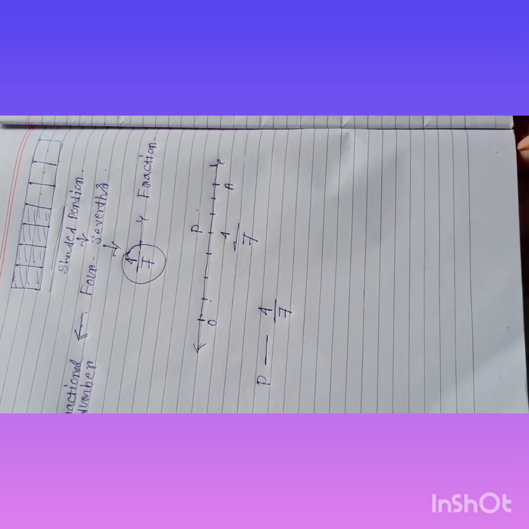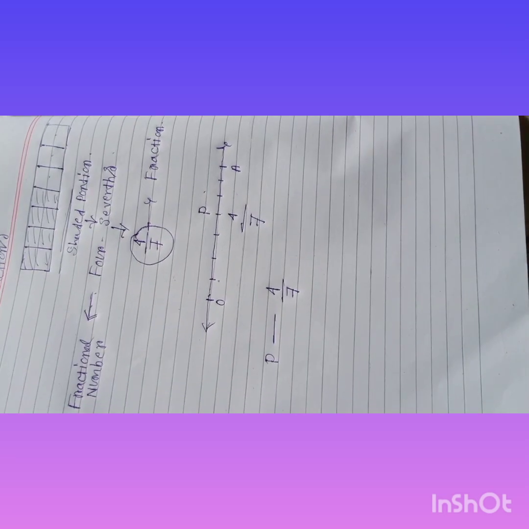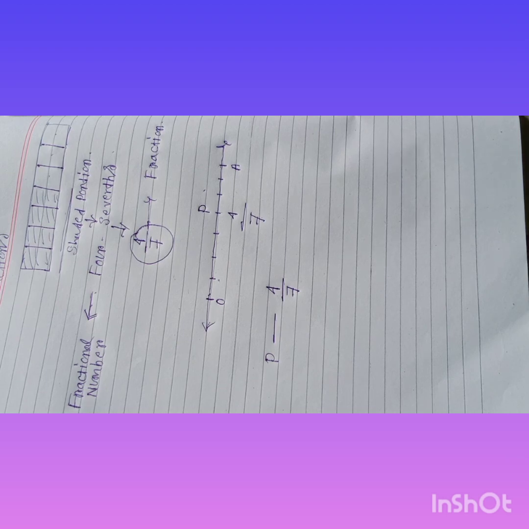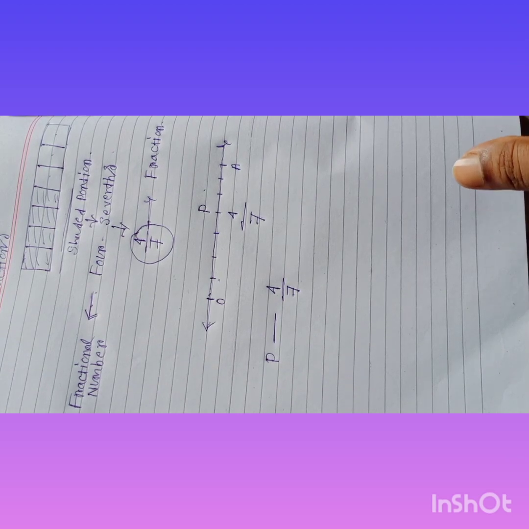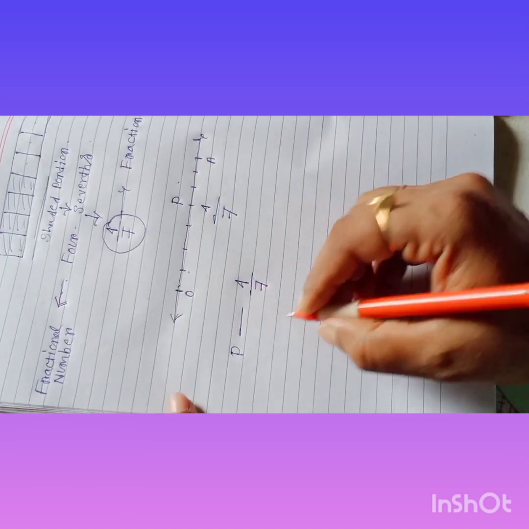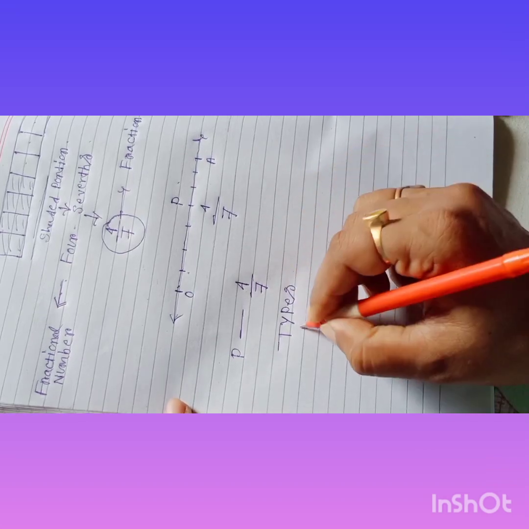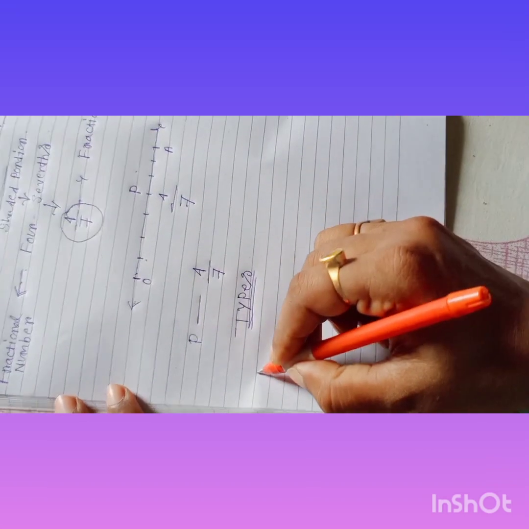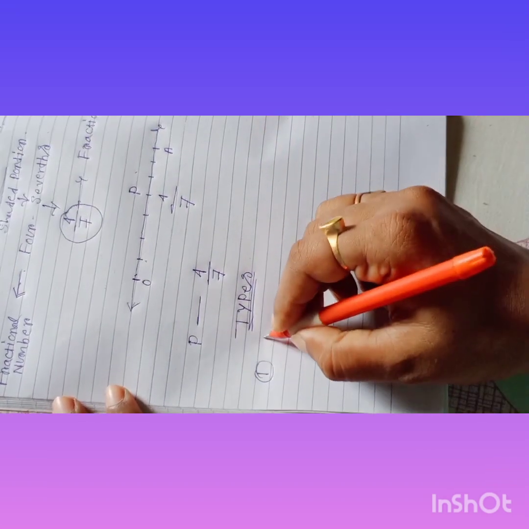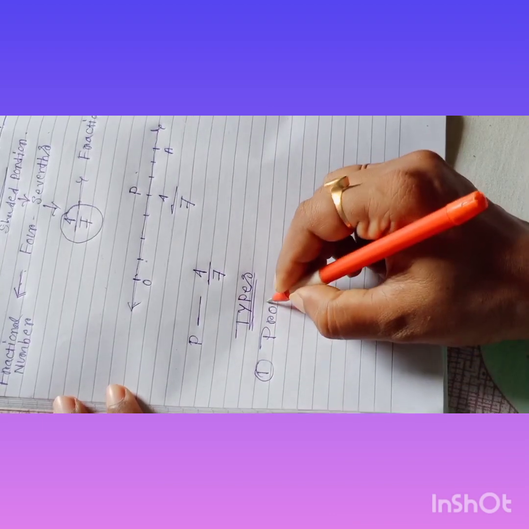So student, before calculating fractions, you have to be familiar with several types of fractions. There are 4 types of fractions: proper fractions, improper fractions, like fractions, and unlike fractions. So the types of fractions are, at first, proper fractions.